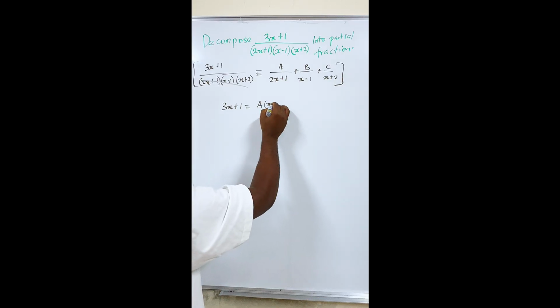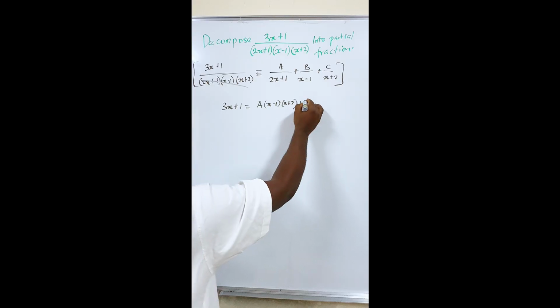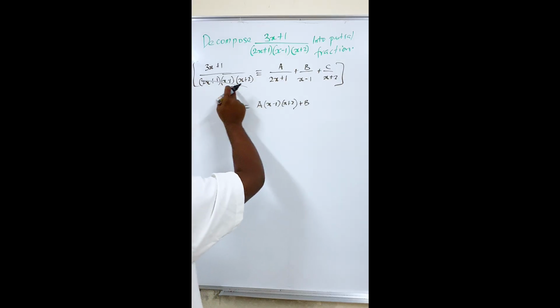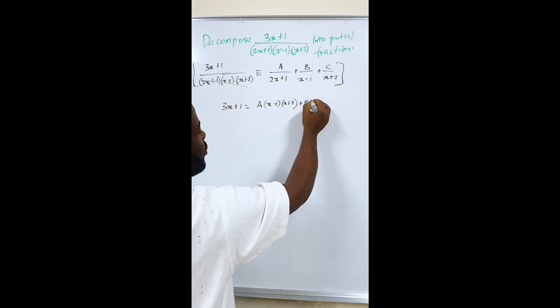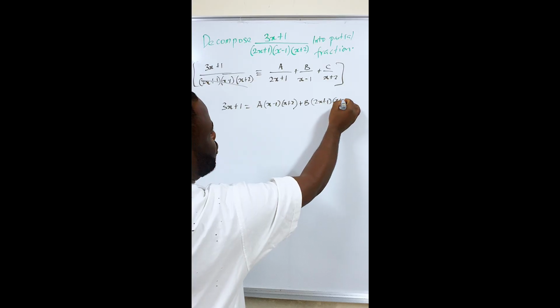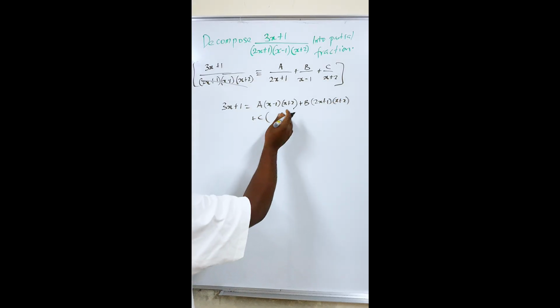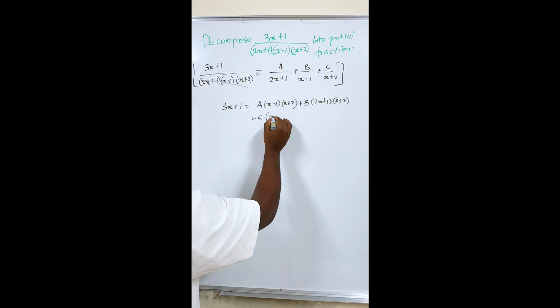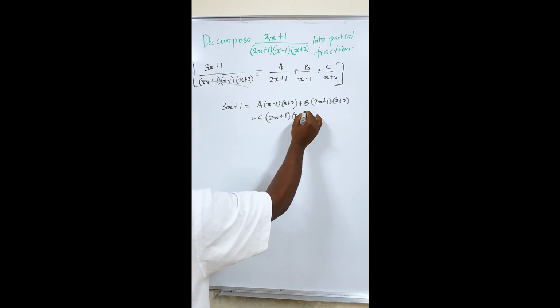So you have (x - 1) multiplied by (x + 2). Then plus B, the denominator is going to cancel out this denominator here, so you are going to have (2x + 1)(x + 2). Then plus C, of course, this is going to cancel out. You already know the pattern. So plus (2x + 1)(x - 1).